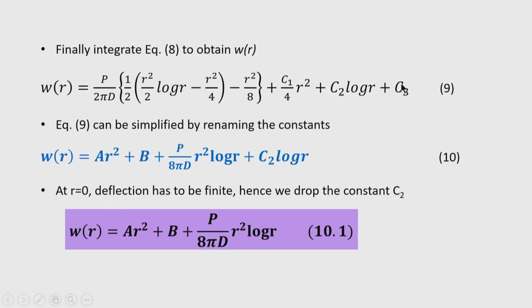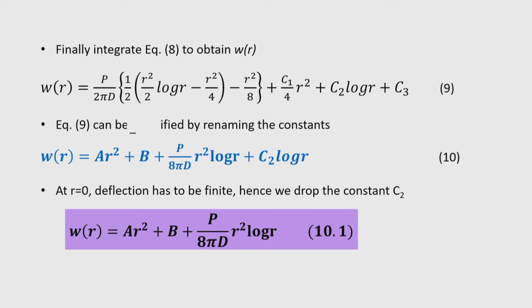Then the sole constant, C3, we have taken here and named as B. Then the term with P. The bending moment whatever we get is due to load P only. If P does not exist in the expression, then there is no value of this solution.